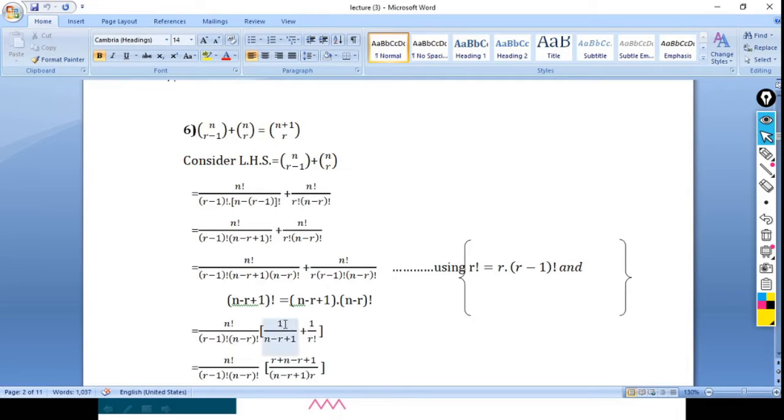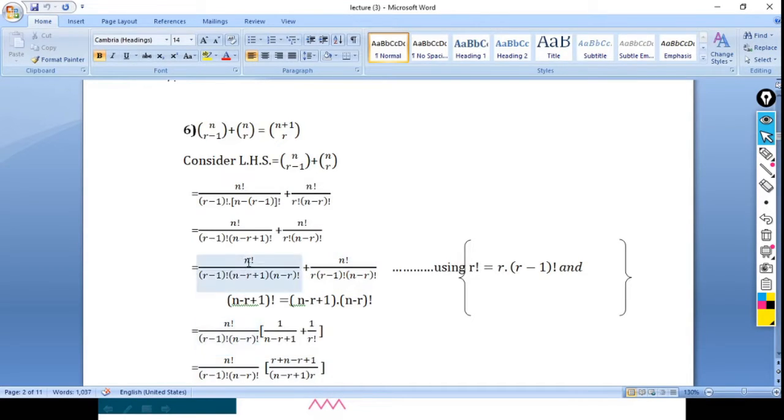Now we can have the common factor from the numerator, n factorial, so that n factorial gets common. From the denominator, here it is r minus 1 factorial, here in the second term r minus 1 factorial, so it is taken out. Then here it is n minus r factorial, here it is n minus r factorial, so n minus r factorial is taken out.